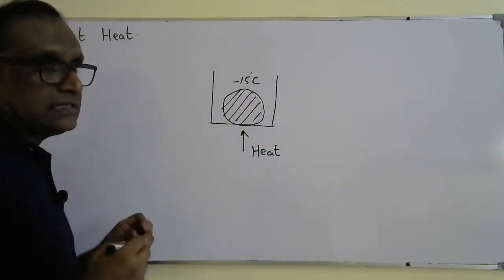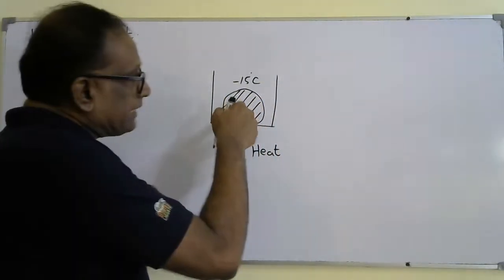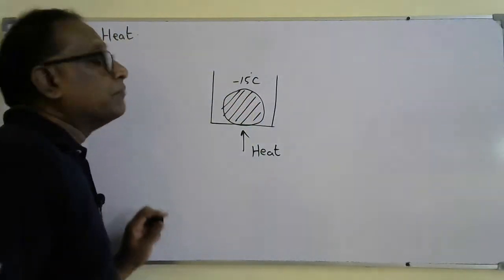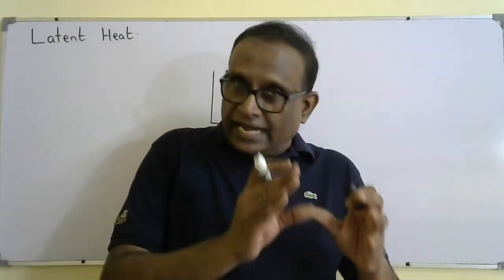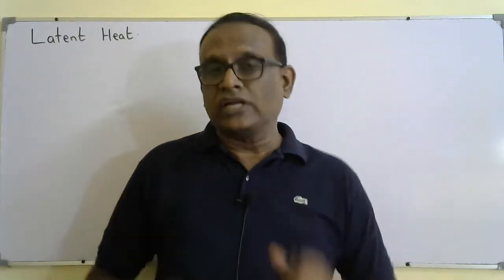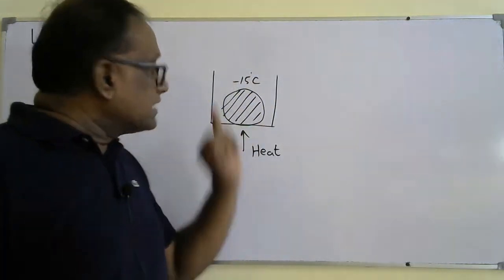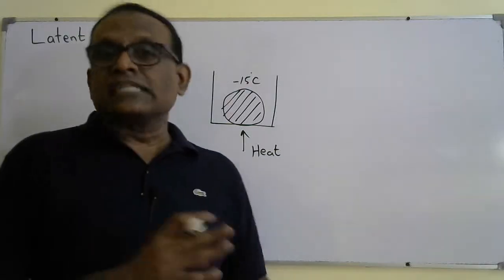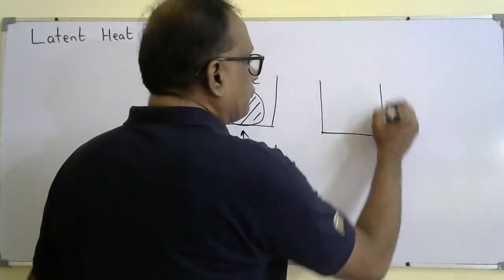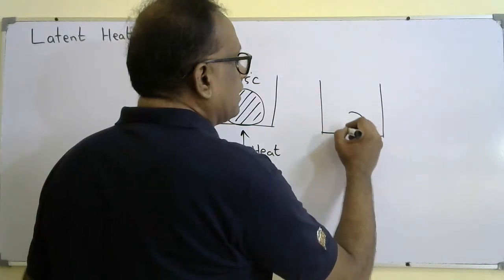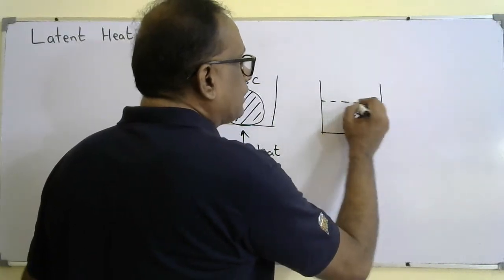The ice will melt. Now until the temperature of the ice becomes 0 degrees Celsius, the ice will remain as ice, in solid form. When it reaches 0 degrees Celsius, it will start to melt. So when it melts, a part of the ice would have melted already. So there will be water also.